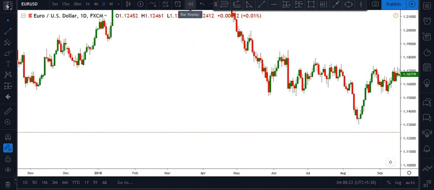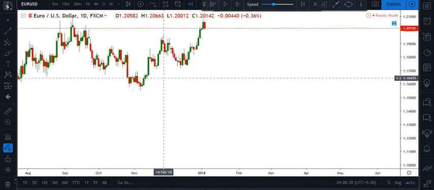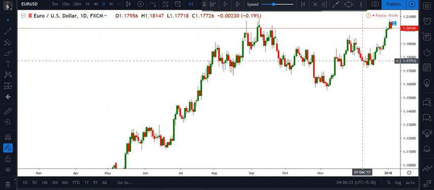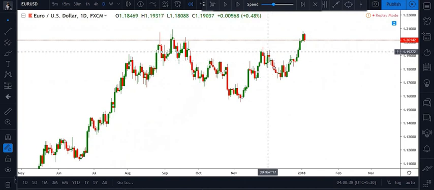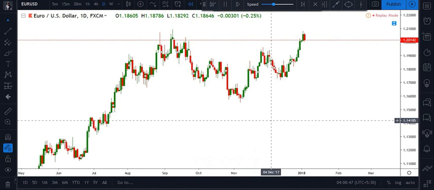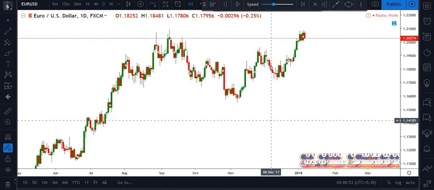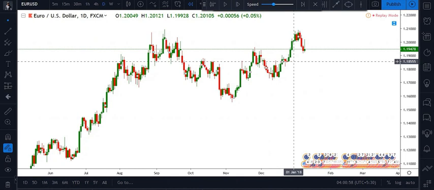If you click on that and click somewhere with this red line, what you're left with is this nice chart, as if it's a live market, and you can turn the speed of the bars here and play it. It will give you not perfect, but a good example of how to backtest, as if you are in a live market.